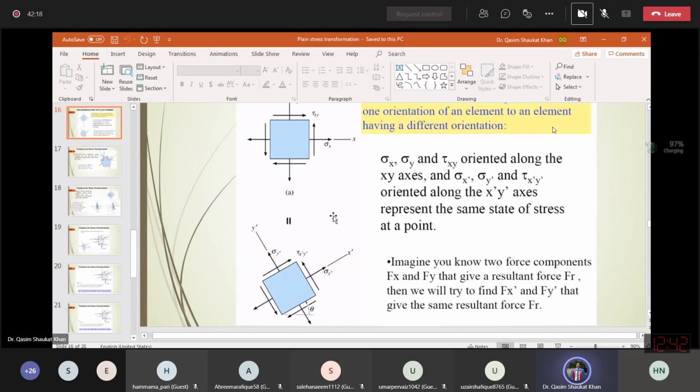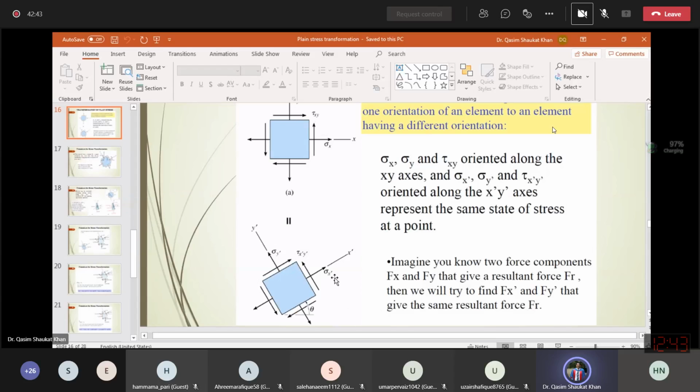See this, if your element or member is oriented along the regular x and y axes, you can very comfortably calculate these normal stresses. However, if your element is oriented at some angle theta, in that case your normal stresses and shear stresses will not be sigma x and tau xy.